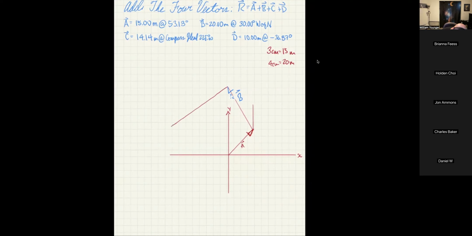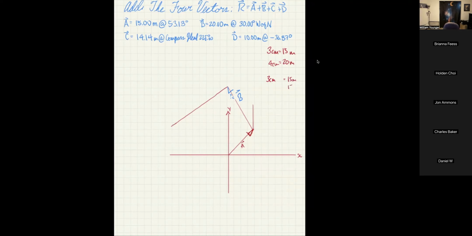That actually turned out pretty good, even though I knew for a fact my pen moved just a bit. Now in this case, this one's going to be 14.14. So basically 3 centimeters equals 15 meters.